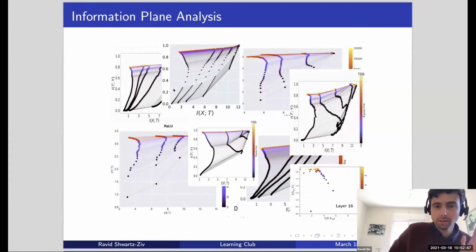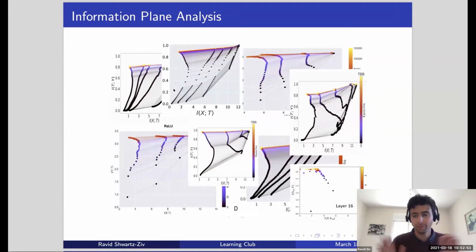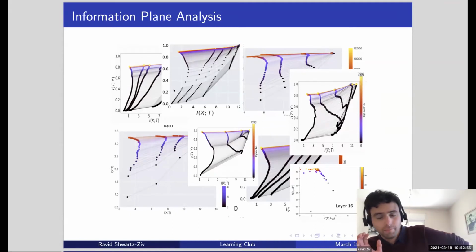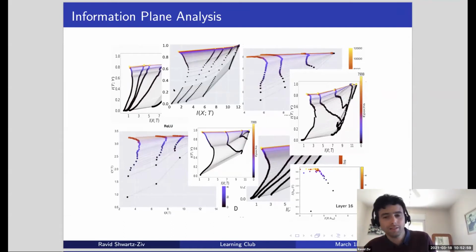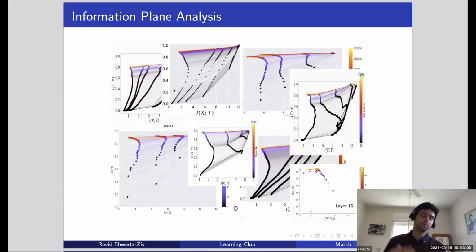So the first line of work, as I said, is information plane analysis, and people try a lot of different estimators and different data sets and parameters and activation functions, and all these figures, for example, are from different papers that try to do this and look at the information plane.